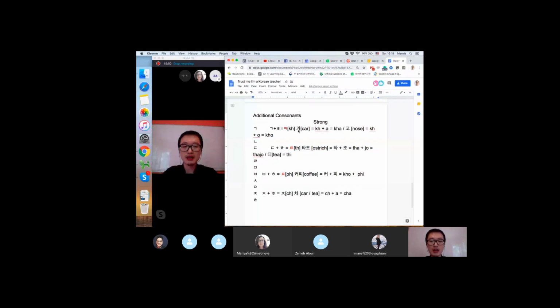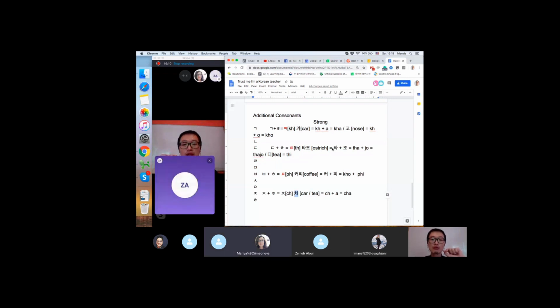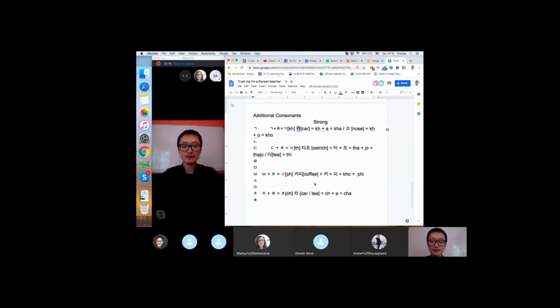Did I explain that the car is over here? This is a car. This is how we write the English word in Korean. But the original Korean word for car or tea is this one, cha. So basically, cha is a Korean word, but when we write the English word in Korean, this is how we write it. Okay, so cha is car or tea.